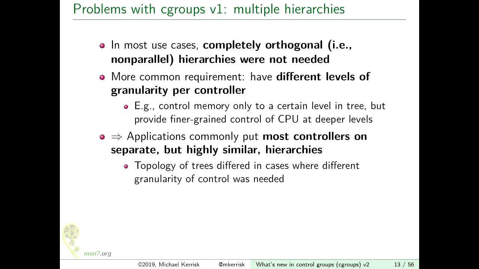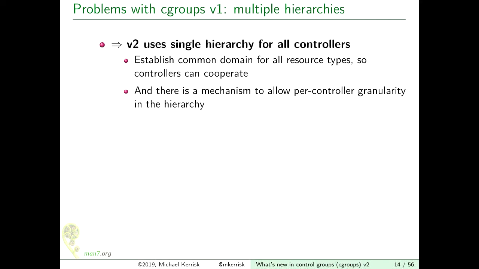And so that's the way people use cgroups version 1. You had a bunch of separate hierarchies so you could do different levels of granularity of control, but some of the hierarchies did finer granularity than others in certain parts of the hierarchy.